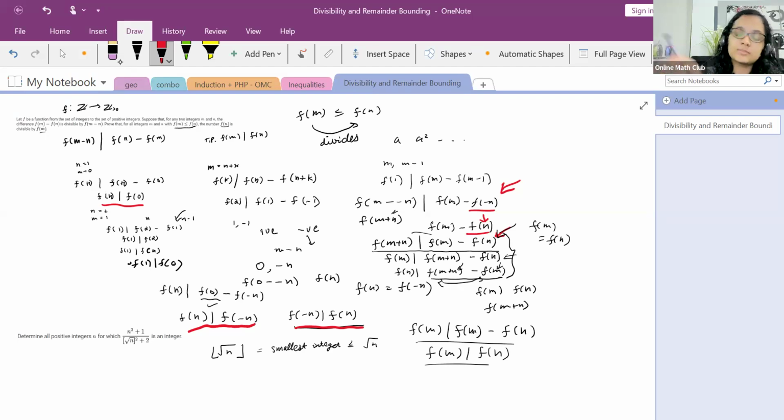And then when you get these symmetric things, you assume, say, what if f of m plus n is the largest, then this becomes 0, and then you have f of m equals f of n. And if f of m is the largest, then this becomes 0. That means f of m plus n is equal to f of n, and then from this you get f of n divides f of m. So in each case, you get the thing you want according to the size.